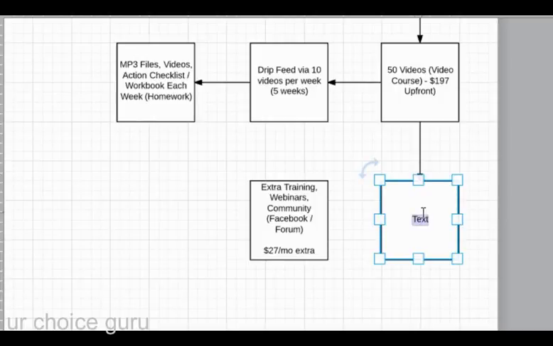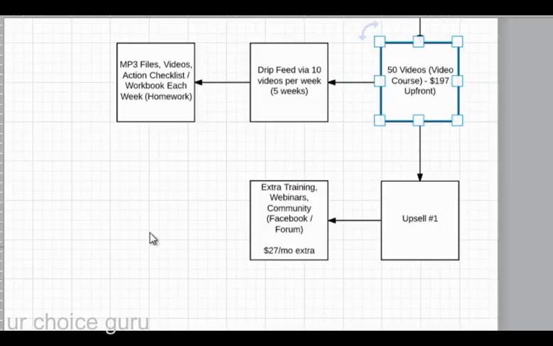And I'm going to do upsell number 1. If you wanted to do any downsells or anything like that, you could, but I'm going to keep it simple like this. $197 up front and $27 per month extra.